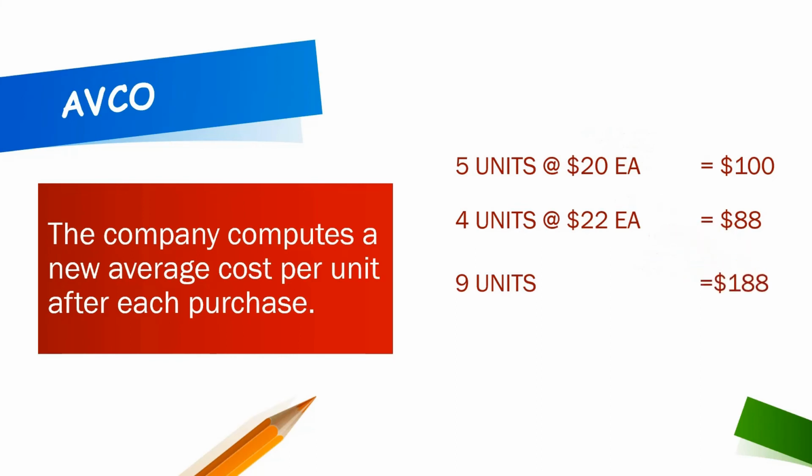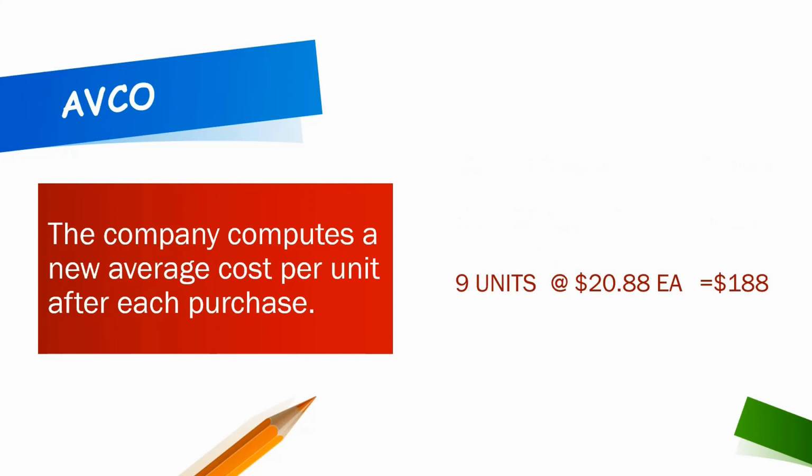And that will give us a total value of $188. Now, if we have 9 units of stock that is worth $188 in total, then the average cost of our inventory would be $188 divided by 9 units. And that will give us an average of $20.88 per unit of our inventory.